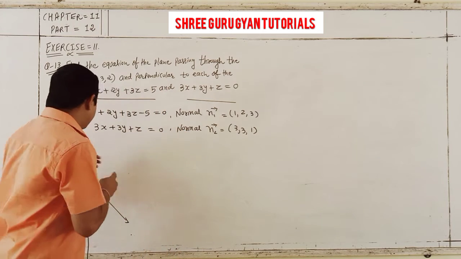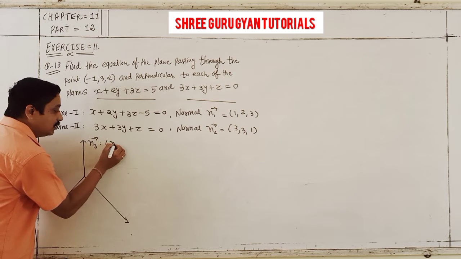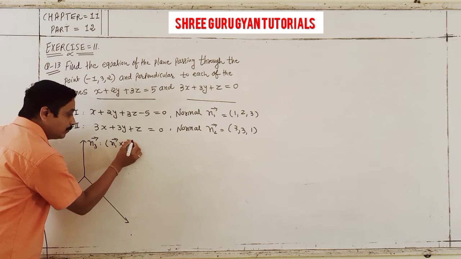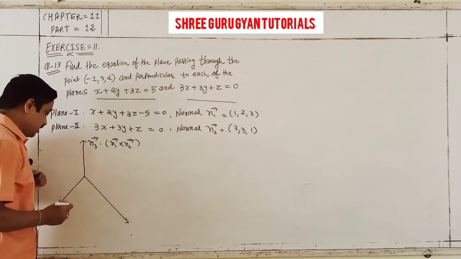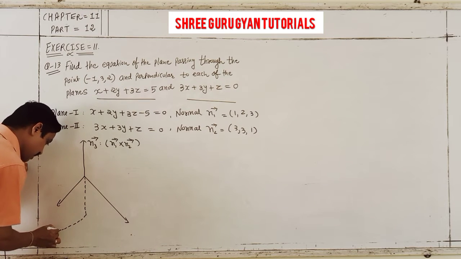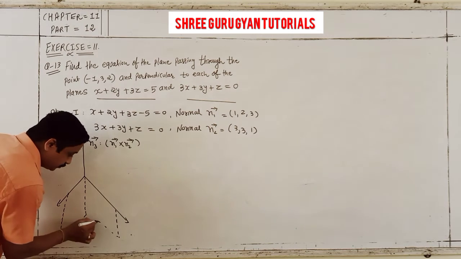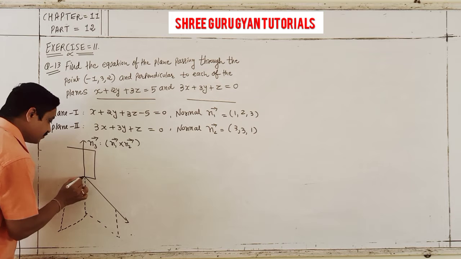It means the n3 direction is n1 cross n2. That's your normal. And here, students, consider your first plane in this way. That's your plane 1, that is your plane 2, and that's your plane 3.